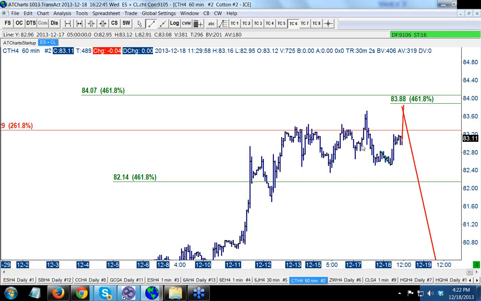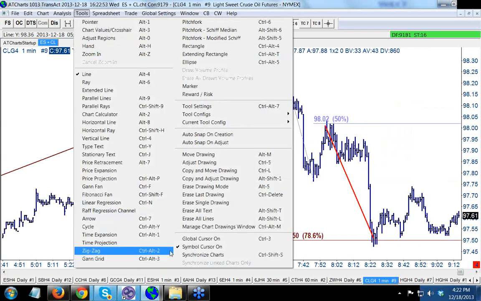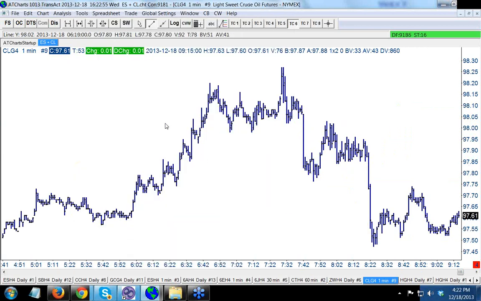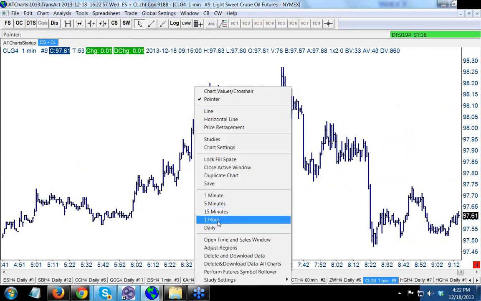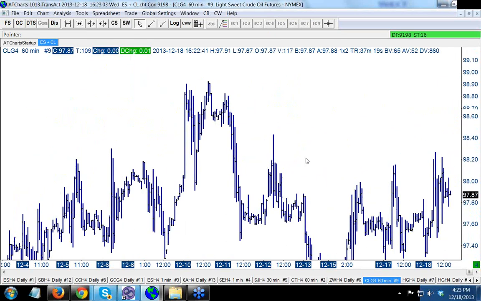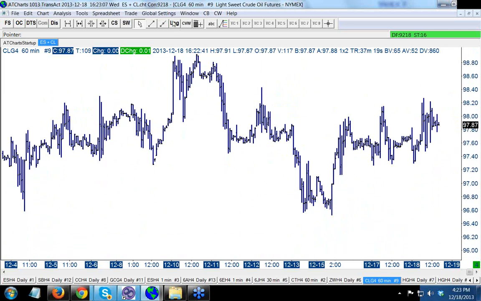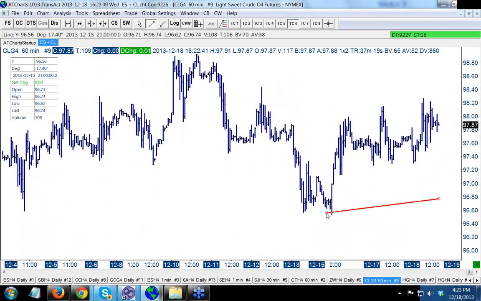Let's talk about this choppy chop theme and see what it is that I was looking at in the crude oil today. Okay, and on the crude oil today, I'm going to go back to the hourly chart. Okay, this is what the shallow, deep.